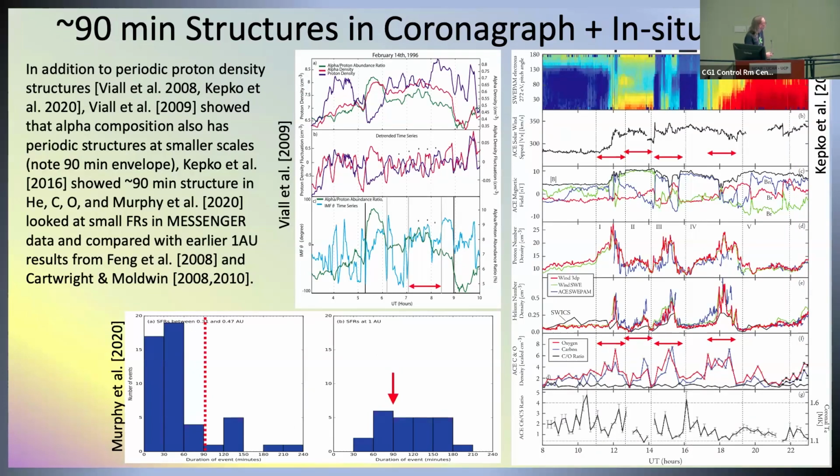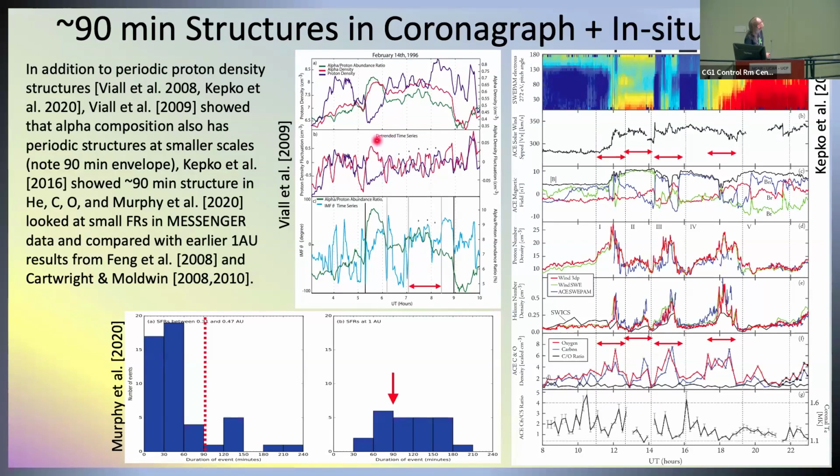Okay, and this is more examples of the structure of the slow wind in data. Down at the bottom here is a histogram of small flux ropes. A small flux rope is a kind of coherent magnetic structure. Here's an example of basically periodic density structures, where you can get characteristic size scales and characteristic periods.